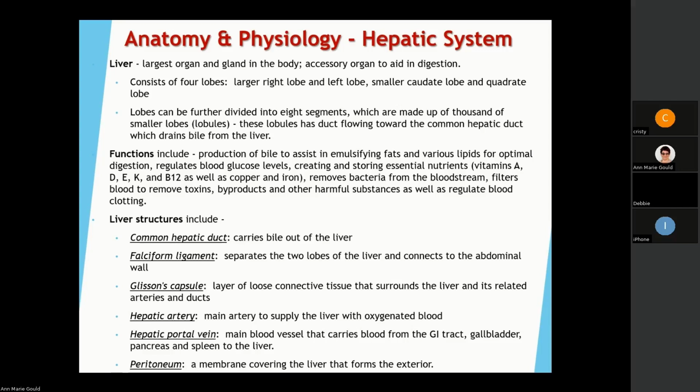It removes bacteria from the bloodstream and filters blood to remove toxins and byproducts and any other harmful substances, as well as regulates blood clotting. And that's a big piece of the pie when it comes to liver, because we see a lot of coagulopathy with our liver cirrhosis patients who are in liver failure.